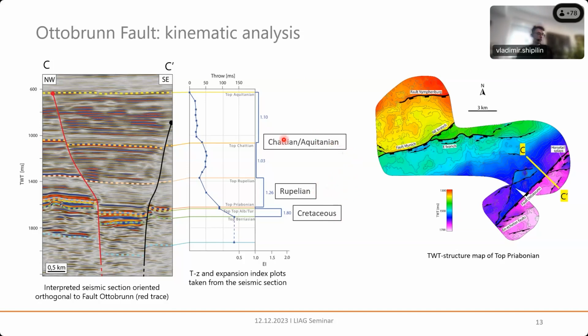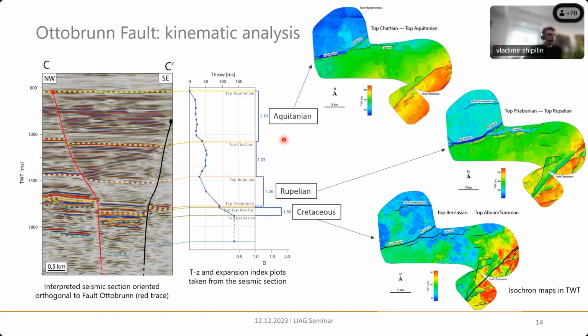And in order to see to what extent these observations are valid along the fault, I also looked at the thickness maps of the respective intervals, and here we basically also see thickening of the hanging walls across fault Ottobrunn, which is indicative of the fault activity during the sedimentation of this package.